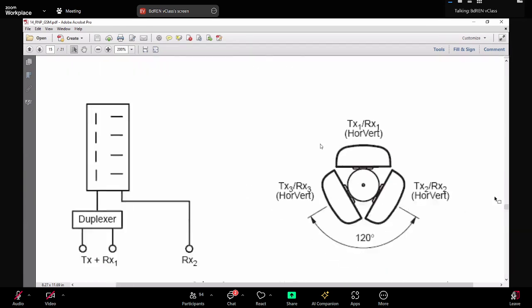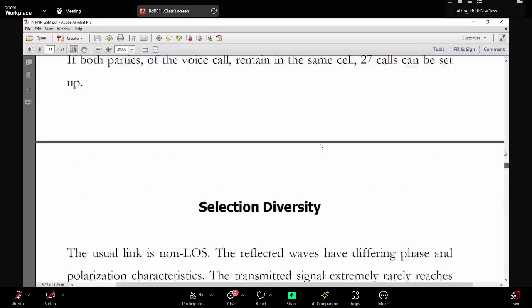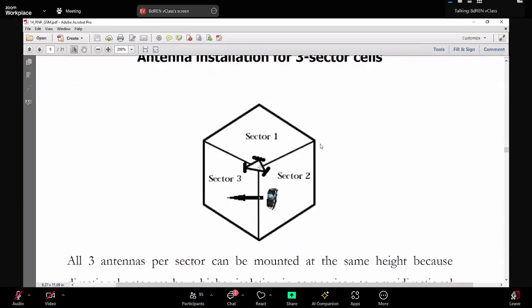But we don't want, see, if I look at the sectorization, in this case, when you put the three antennas in three different directions, you want only radiation in the forward direction, right? You have the whole sector ahead of you. So you don't want any backward transmission.